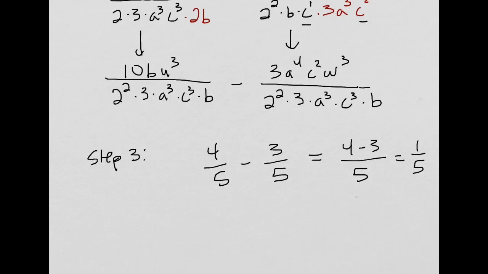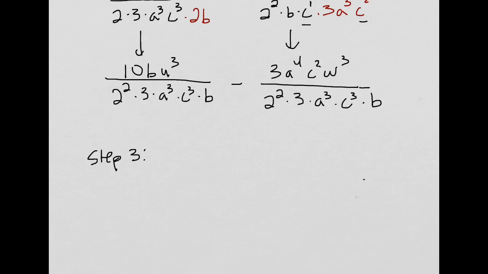So here, we're going to do something really similar. Our third and final step is just to subtract the numerators, and then our answer is going to have the common denominator as its denominator. So step 3 is we're just going to combine into one fraction.